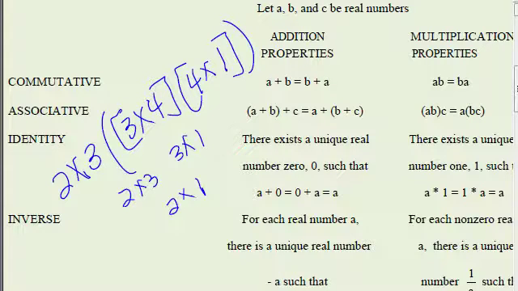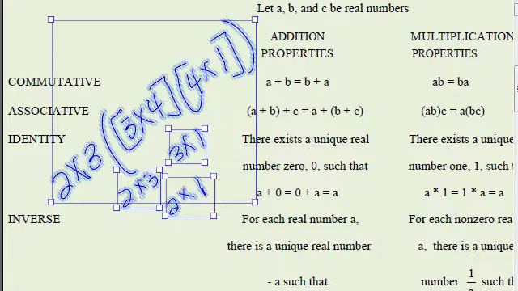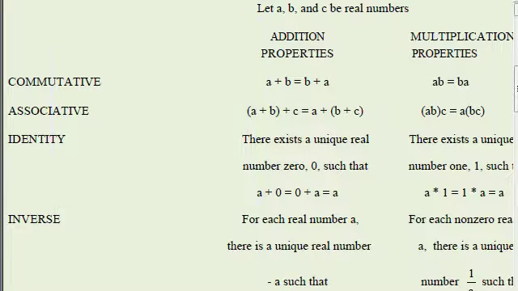I don't think you heard me, but if you did, obviously you have a little bit more insight than those that did not. So now let's talk about identity matrices.